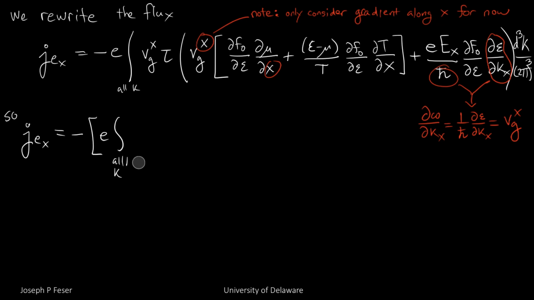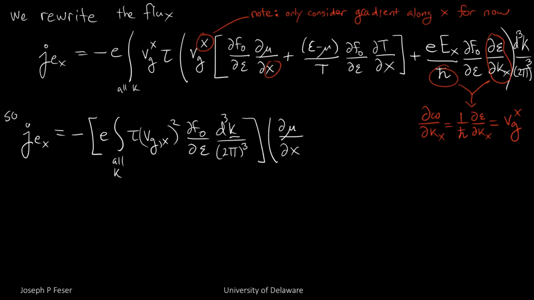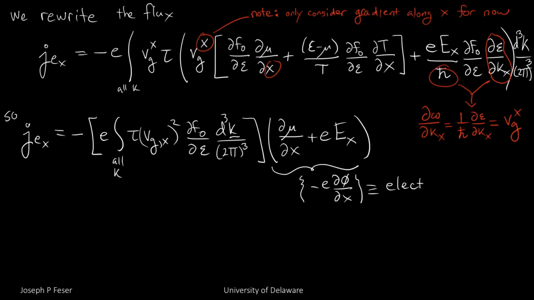If I write that out, it'll have all of the same prefactor: the two V_Gs, the tau, and a dF/dE, all summed over all of the k's. And then outside of all of that integral is a term that I'll call the electrochemical potential. It's the combined effect of chemical potentials and an electric field.